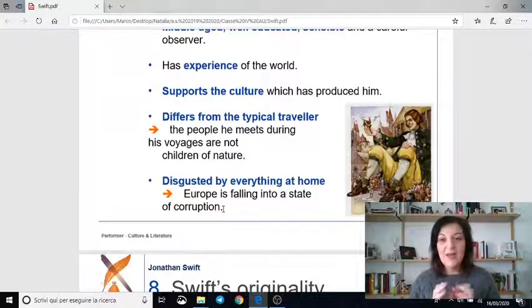Okay, he always compares the situation that he finds in the places where he travels to, with the situation in England, in Europe, in Ireland. And comparing them, we can understand how deeply he is disgusted by all the situation that he left at home.